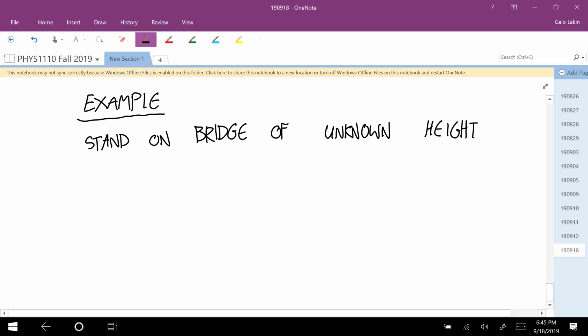You check very carefully to make sure no boats are coming under the bridge. If you really do this, that's a super important step.